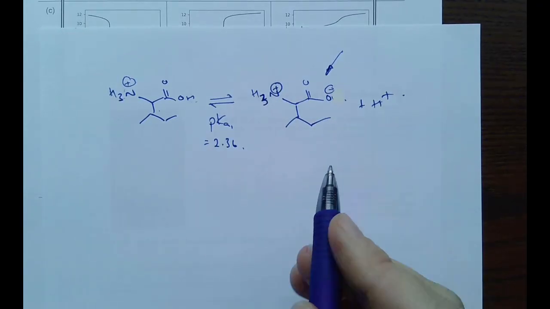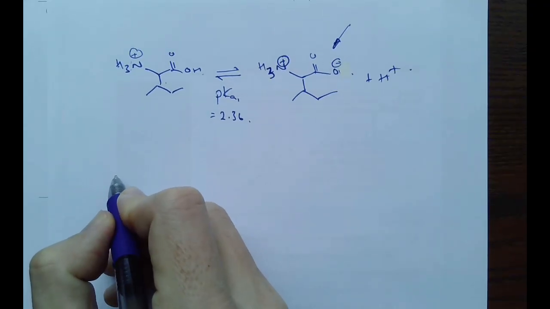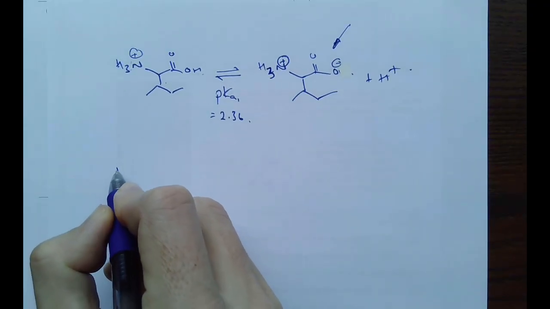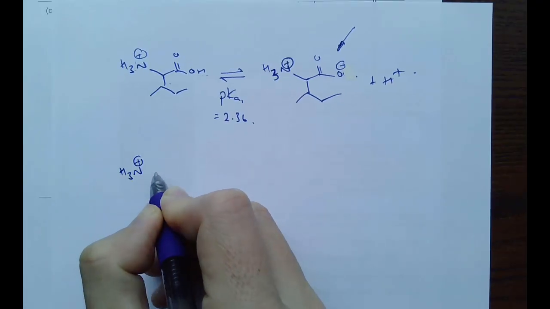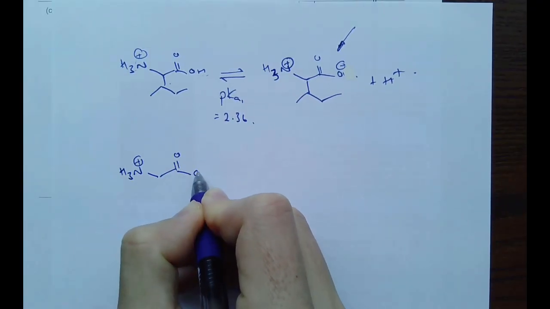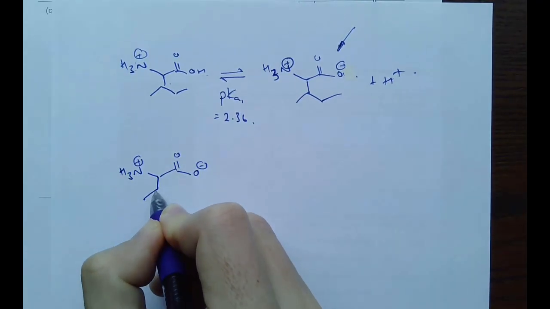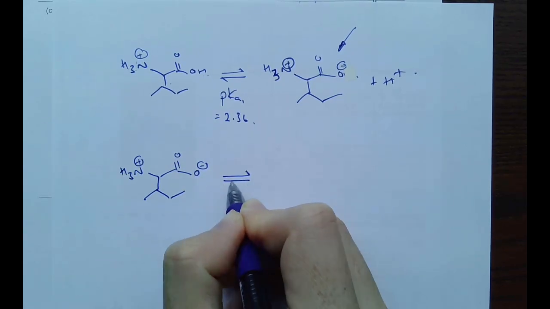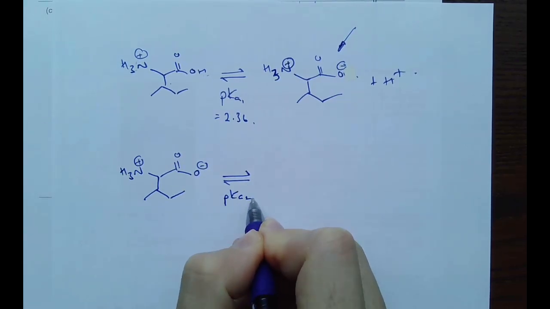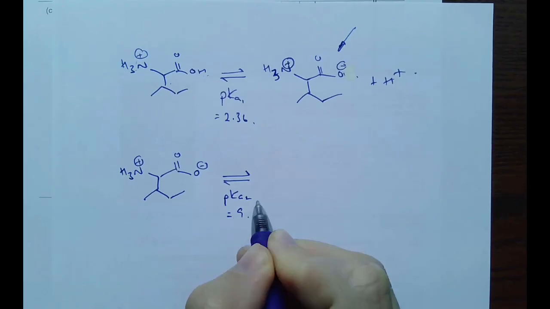So then the second neutralization point is going to be my H3N plus, O minus, and then that, which is going to be pKa2, which was 9.60.